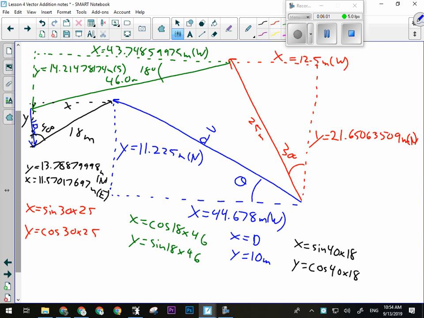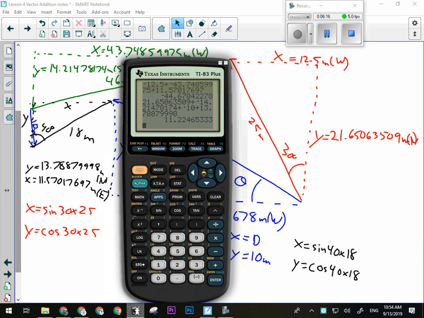Okay, everybody follow what I did there? Where did I lose it? But let's just review the numbers. This y is north, so it's positive. There's my first number, 21.650, I made it positive because it was north. Then I had the green triangle where I went south, so I made that negative, and that was 14.21478174.